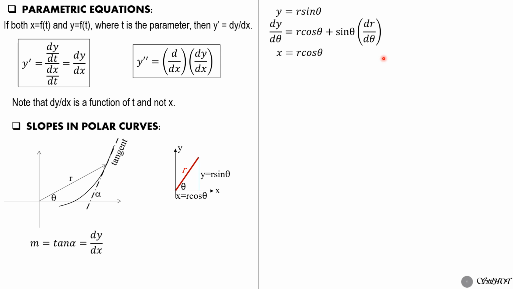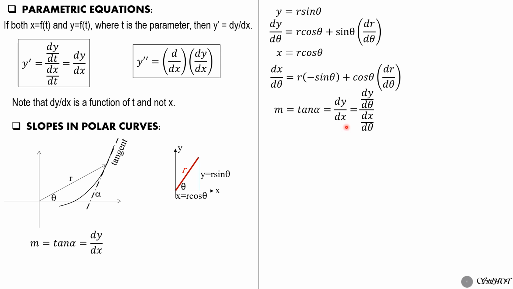Likewise, x is r cosine theta, so dx/d theta is equal to r times negative sine theta plus cosine theta times dr/d theta. We then set up dy/dx, which is the slope of the tangent to the curve. m is the tangent of alpha, and it is the derivative of y with respect to theta over the derivative of x with respect to theta.